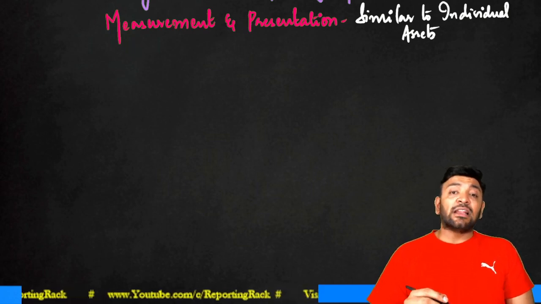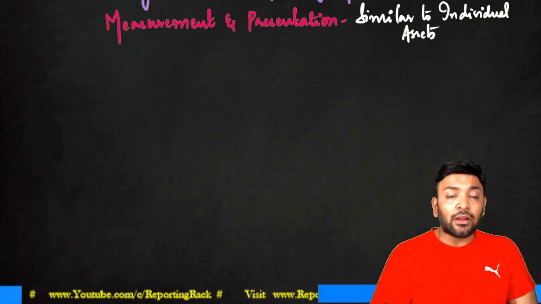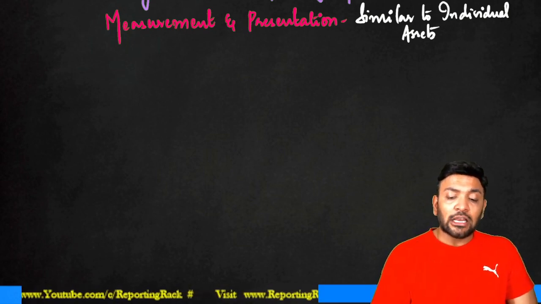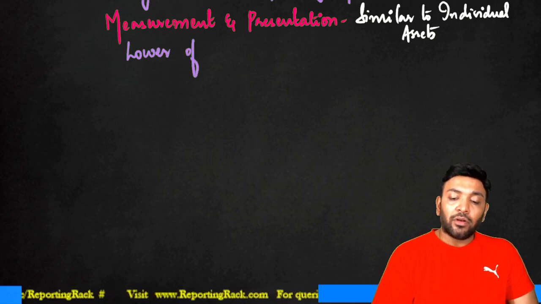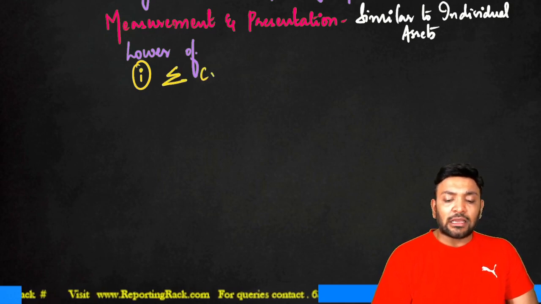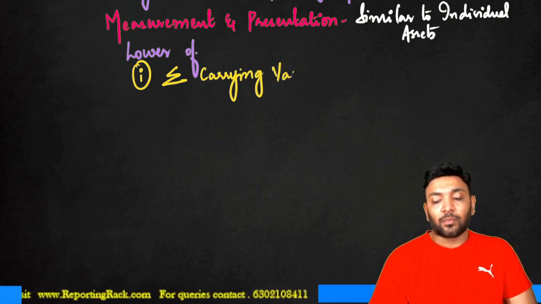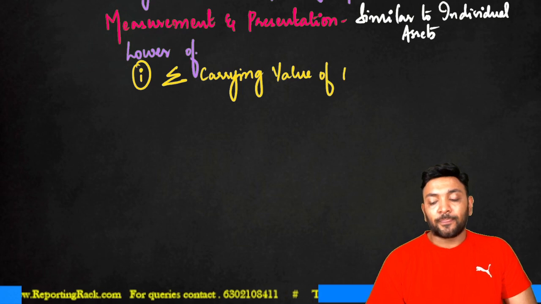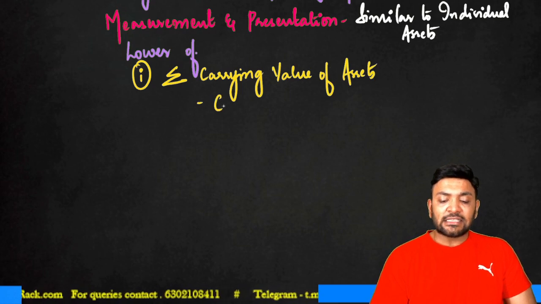In such case, when the measurement and presentation is similar to the individual assets, if it is forming part of a disposal group, I'll go with the case like this. It shall be the lower of number 1, the sum of all carrying values of assets, this is the summation symbol, less the carrying value of liability.